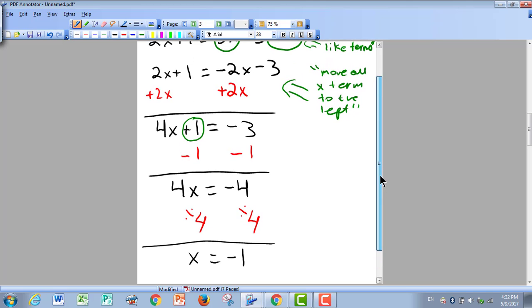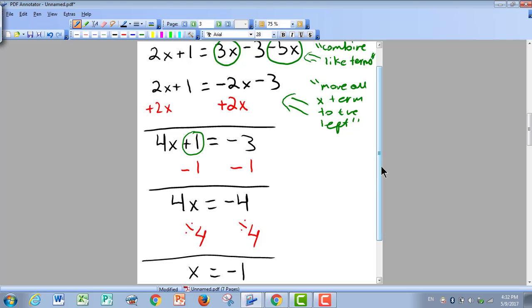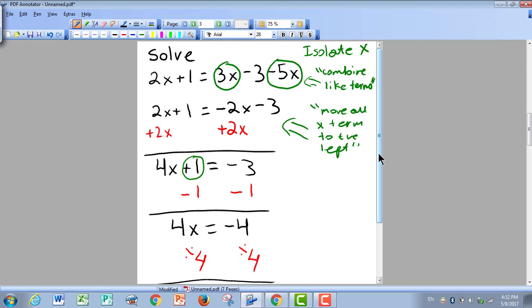Just going to go back and make sure I did everything correctly. So very first thing I did is I combined my like terms because I had x's all over the place. And then I moved all my x's to the left, so I added 2x to both sides.